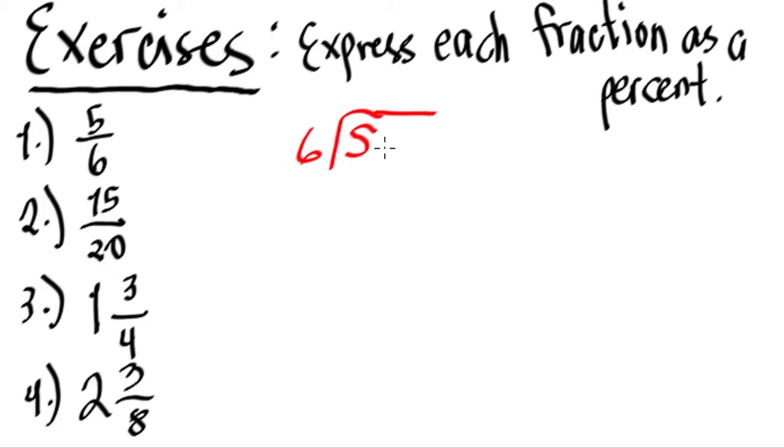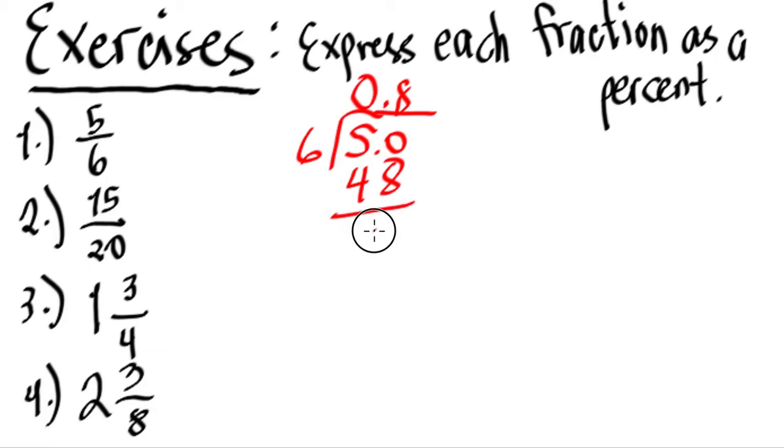We cannot do 5 divided by 6, so we need to install a 0 here and also in the quotient. 50 divided by 6 is how many? Let's try: 5 times 6 is 30, 6 times 6 is 36, 7 times 6 is 42, 8 times 6 is 48. So 8 times 6 is going to give us 48.